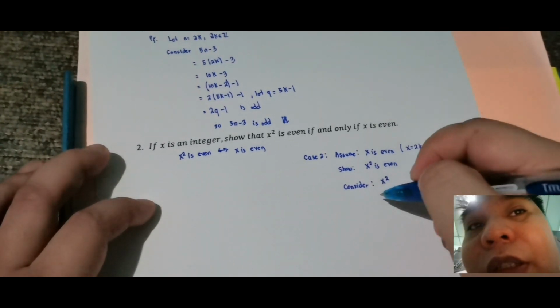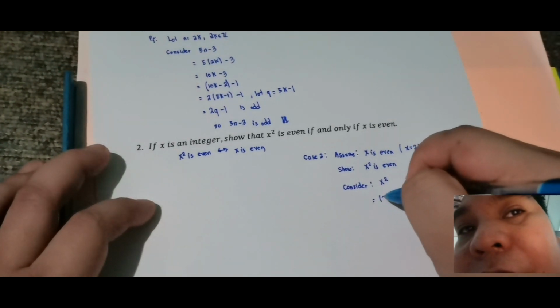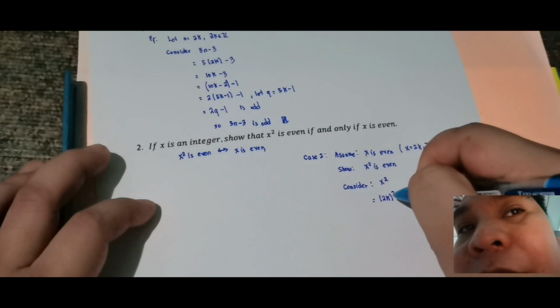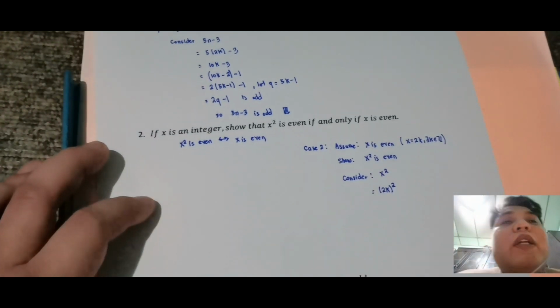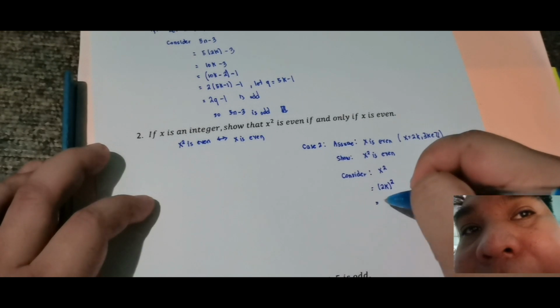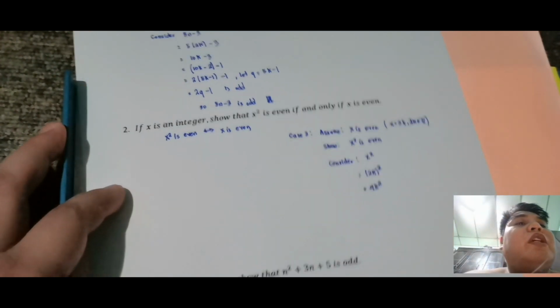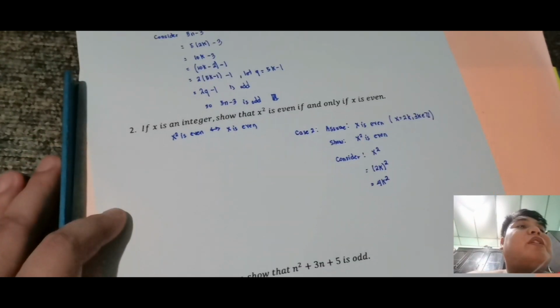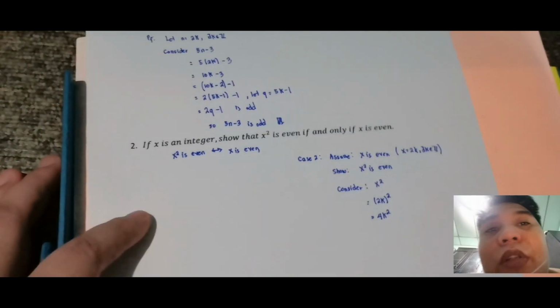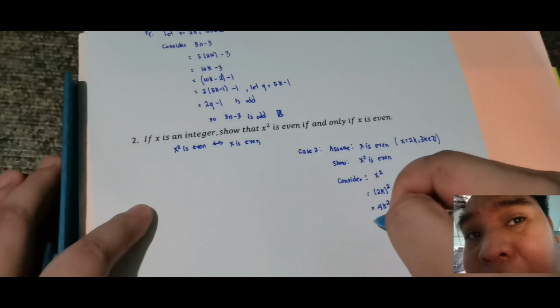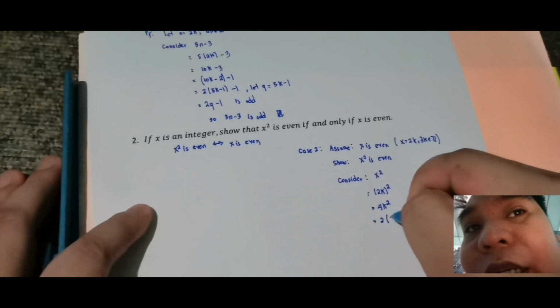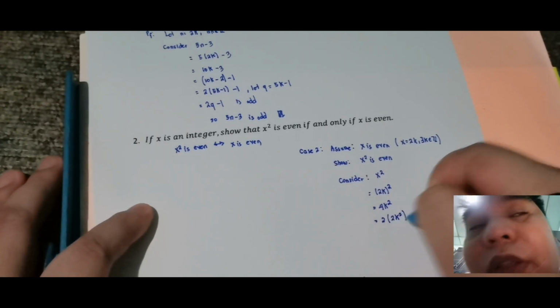By assumption, that is equal to (2k) raised to 2, and that is equal to 4k squared. Paano ba siya magiging even? Magiging even pag 2 times something. Laging ganon. So, ipa-factor out ko si 2: that is 2 times 2k squared.